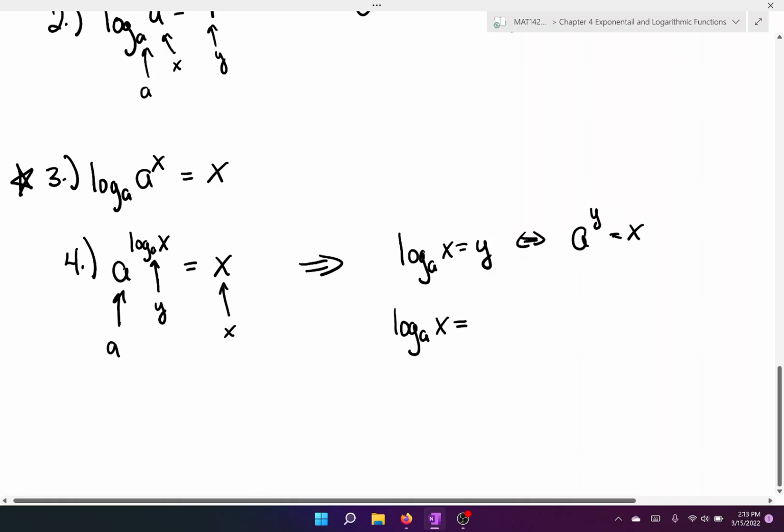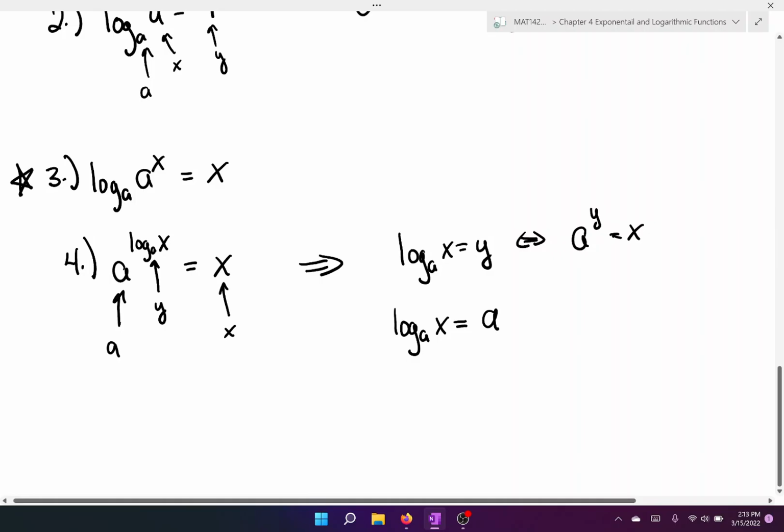Now I'm getting myself confused there. I have to quickly look real fast. So we have log, so this is going to be the y. So it's log base a of x equals, and that'll be my a right there.